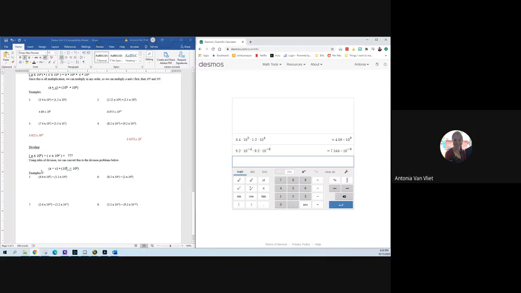So when we're dividing, we do need to be a little bit careful about our parentheses or making sure that we're using a fraction. So when I enter this, I can either enter it just like it looks on the paper. So with using parentheses, 6.6 times 10 to the 9th.